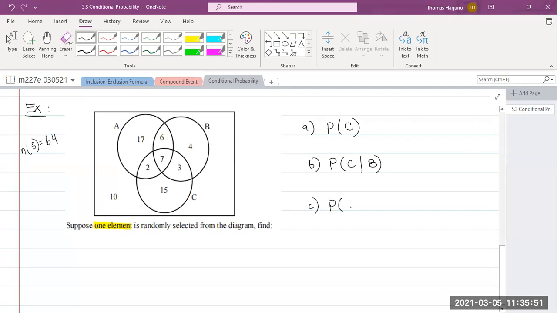Probability of getting B given it is in C. How about the probability that it is in A given it is not in B? Probability that it is not in C given it is not in A. Oh, it's quite difficult.